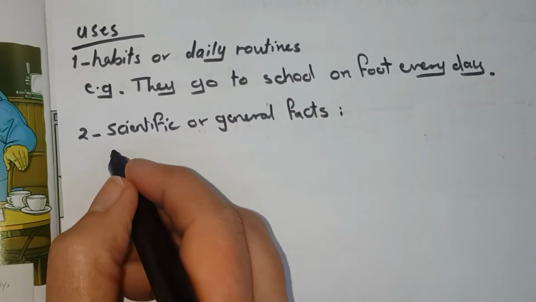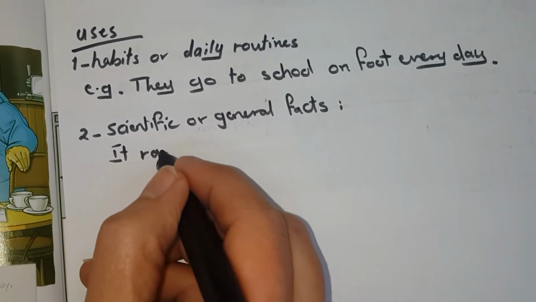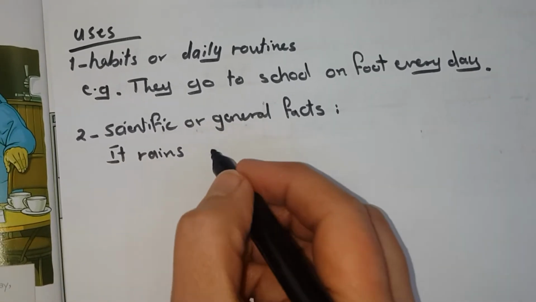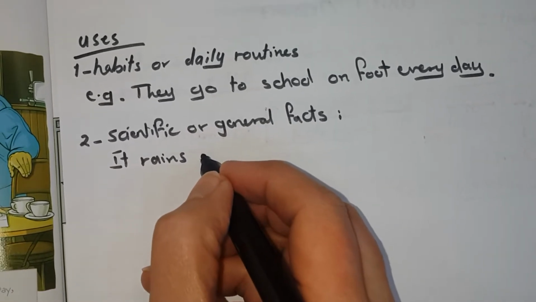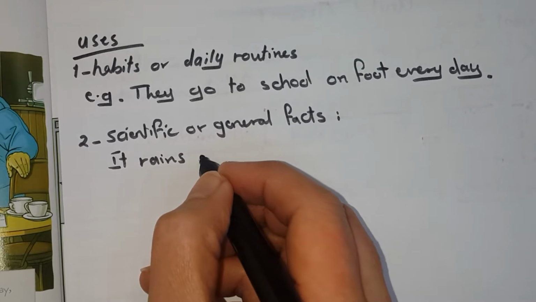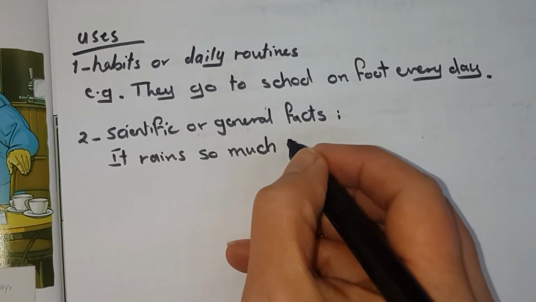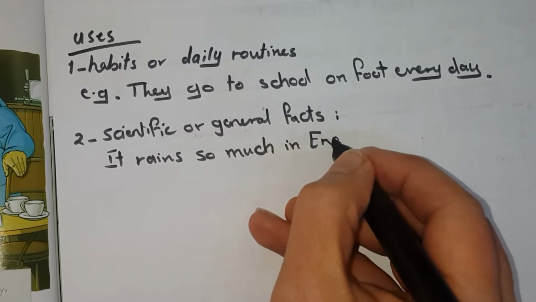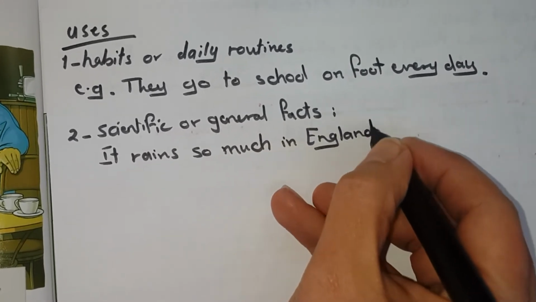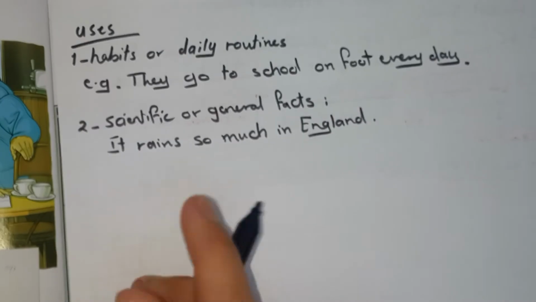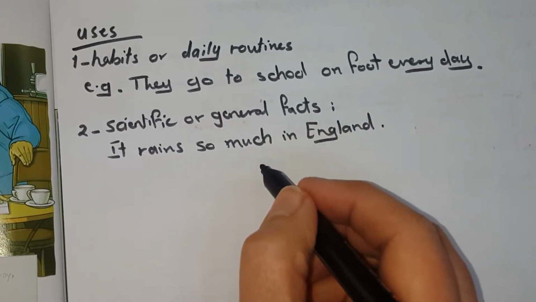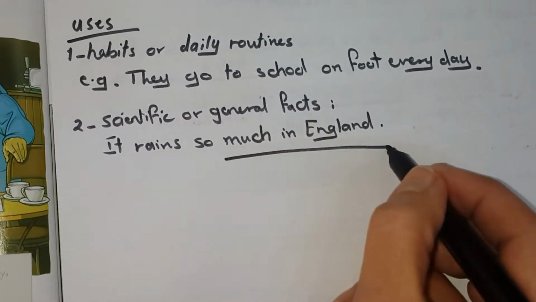For example, it rains so much in England. Okay, this is what's related to the present simple tense.